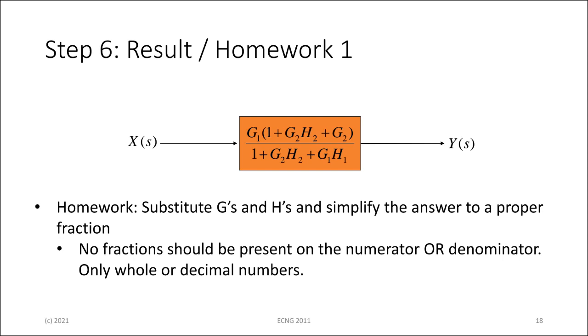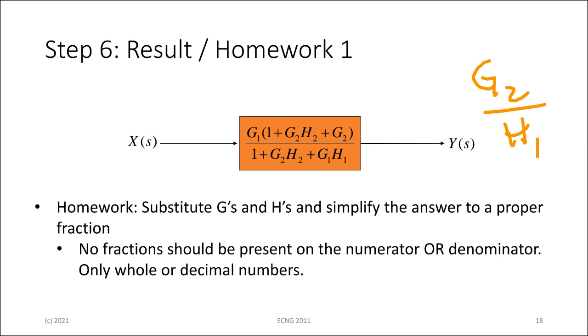When you're simplifying, you shouldn't have any fractions inside of here. So don't leave the answer with something like G2 over H1 somewhere inside. You multiply everything out.